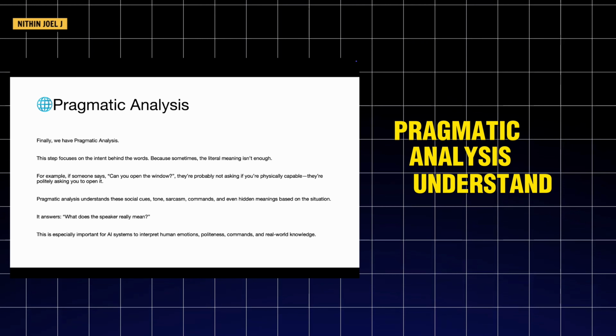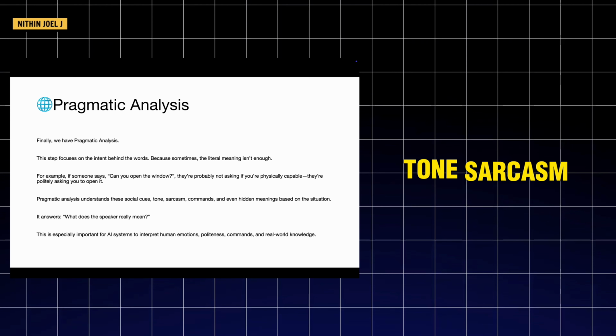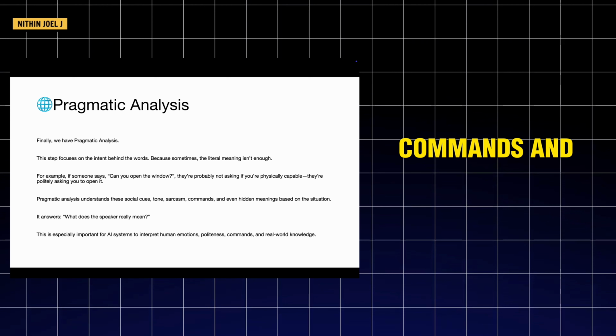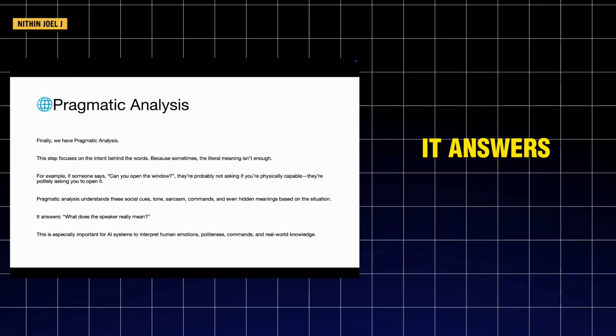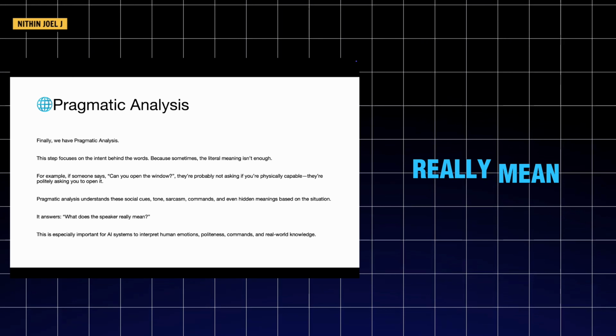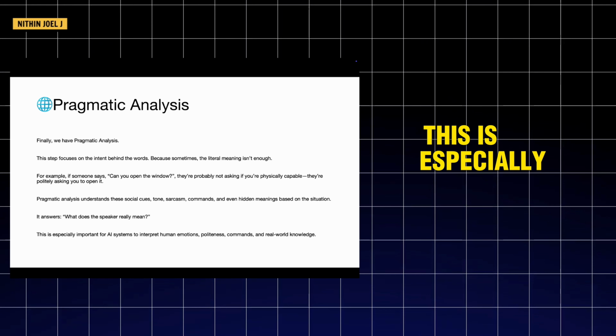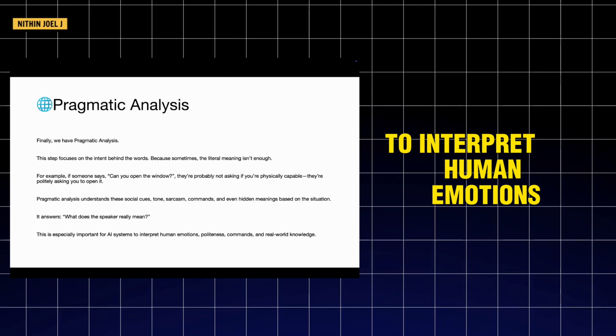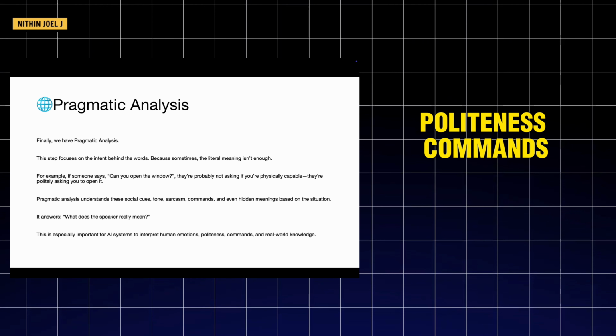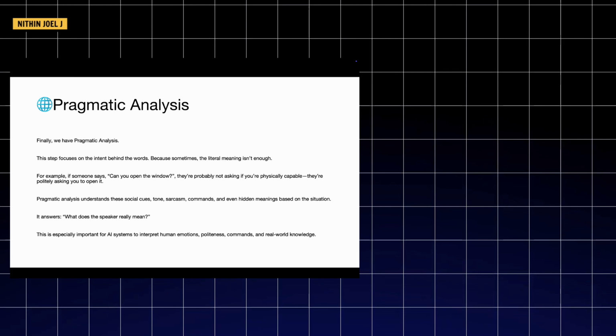Pragmatic analysis understands tone, sarcasm, commands, and even hidden meanings based on the situation. It answers what the speaker really means. This is especially important for AI systems to interpret human emotions, politeness, commands, and real-world knowledge.